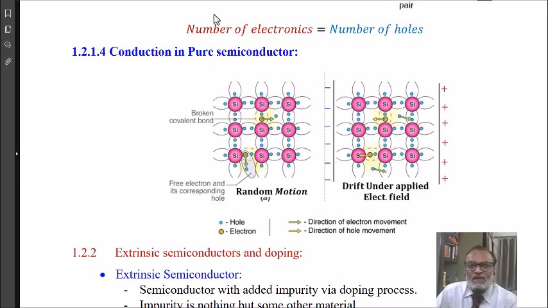This motion of the electrons is called drift motion, and the current under the influence of the applied external field is called drift current.